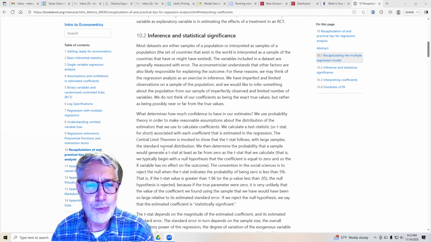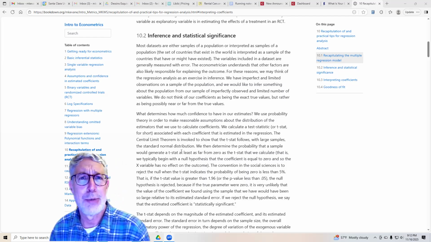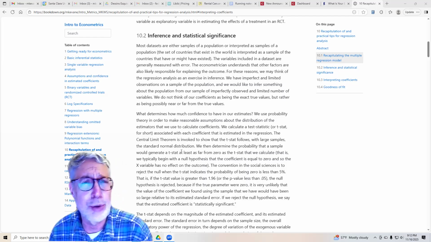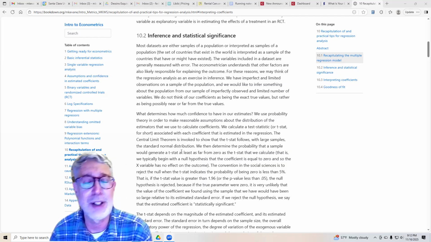And thus, we can conduct hypothesis tests: if our assumption is true that the coefficient equals zero, what's the probability that we would observe a t-statistic or coefficient so far away from zero as what we observe. And so we can calculate that probability.